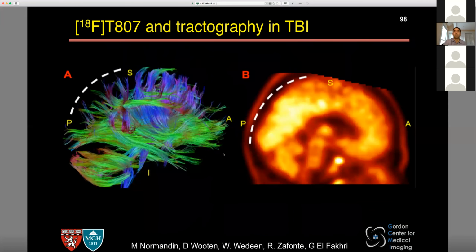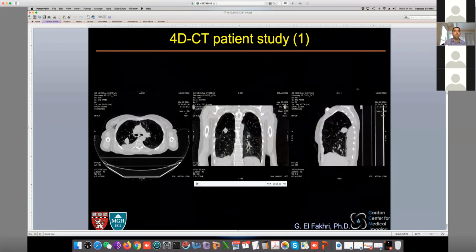All right, and here's a very nice example: you see the thinning in the white matter in this area where we have concentrated activity, and then no thinning in this area where you have no uptake. All right, so I think that's it. I hope this gives you a sense of recent developments in PET-CT and PET-MR and where we are going with these applications.